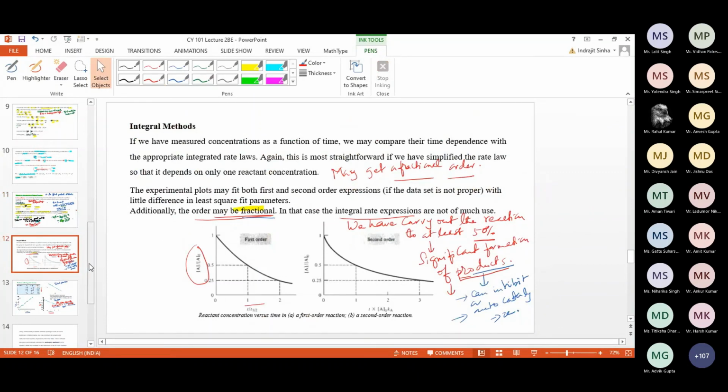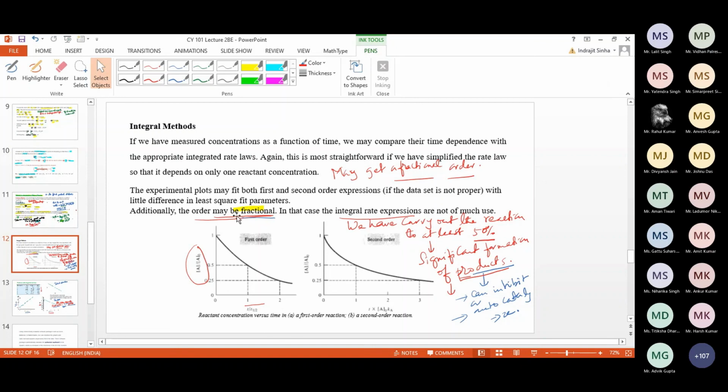One very simple technique is of course to use the integrated rate law, because now we have simplified the rate law to a pseudo rate law where there is only one term. So we can use the simple integrated rate law expressions that we derived earlier. So that is one way.